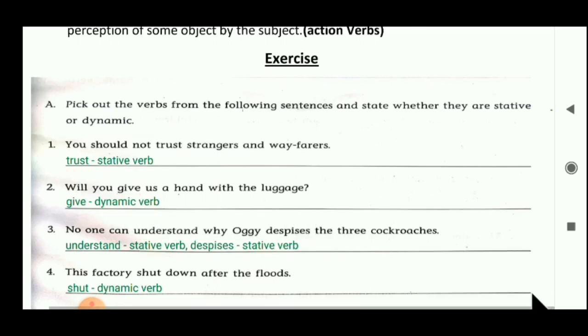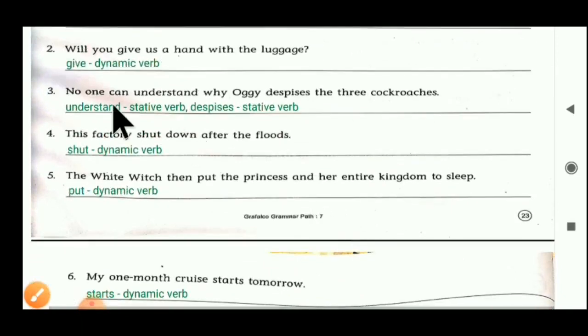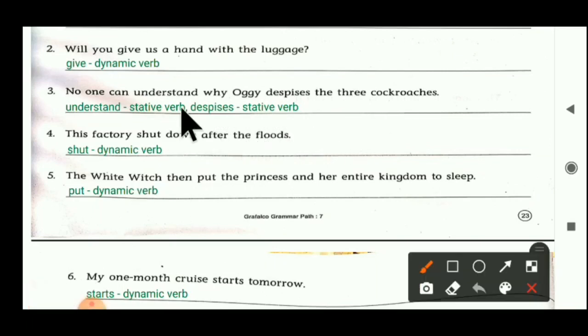Next, third sentence. No one can understand why Oogie despises the 3 cockroaches. Which is the verb here we have to find out. Here, understand is a verb.